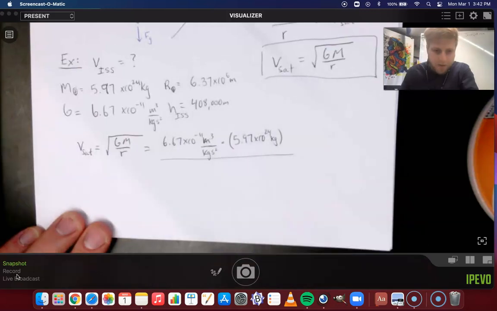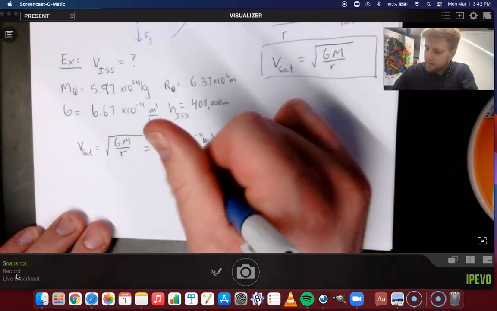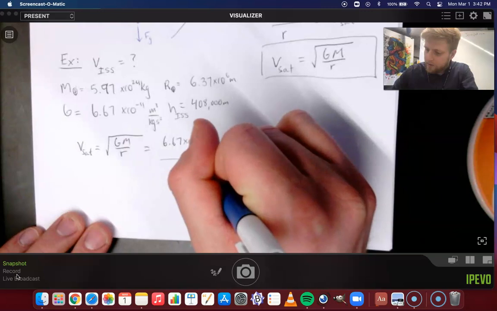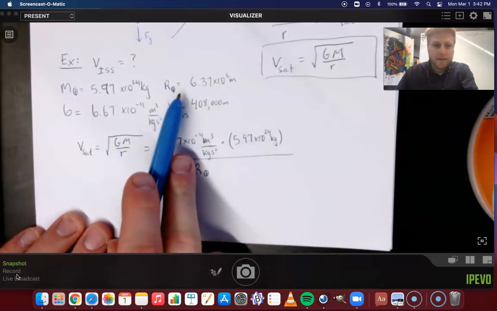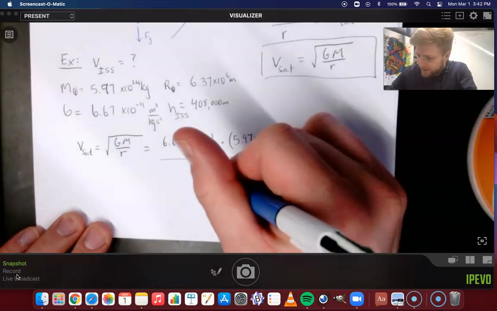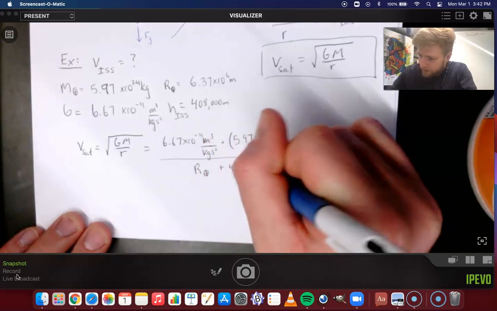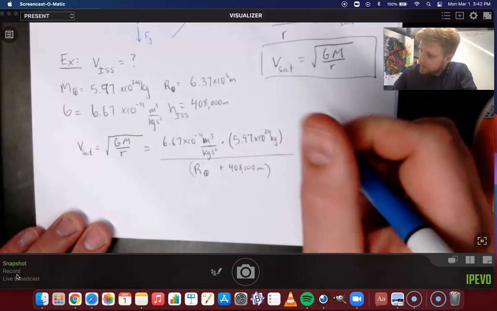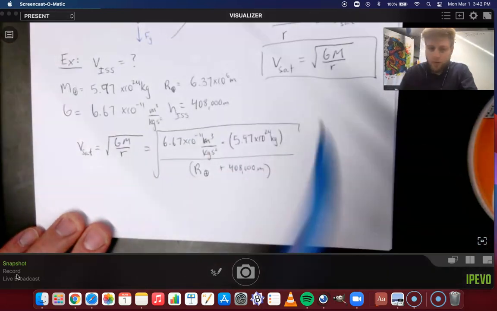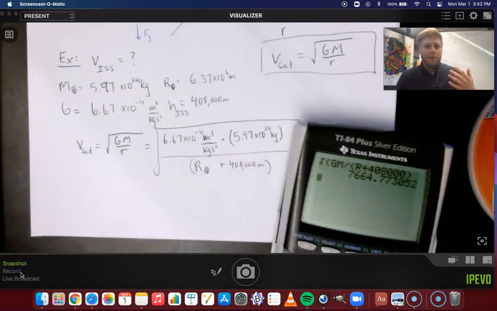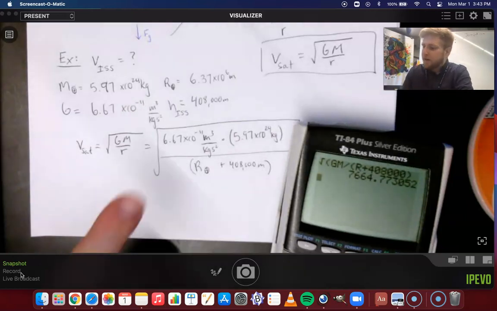And then on the bottom, this little r is going to be the radius of the Earth, which is also stored in my calculator, plus 408,000 meters, and that all needs to get square rooted. So right now, more than ever, is one of the reasons to plug these into your calculator if you have the ability to. If not, you can simply plug those in.